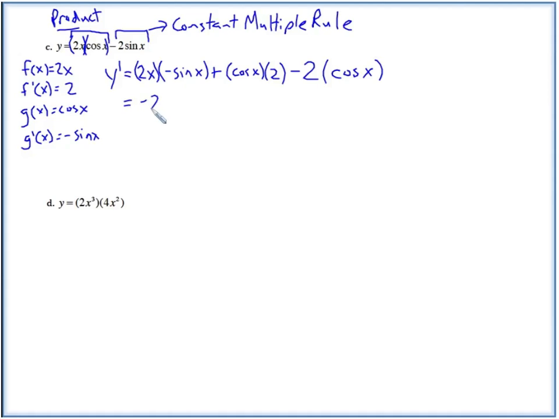Here we would just get negative 2x sine x. Here we would get 2 cosine x, and then minus 2 cosine x. So looking at this, we have a plus 2 cosine x and a minus 2 cosine x. Those actually cancel out. And our final answer then is negative 2x sine x.